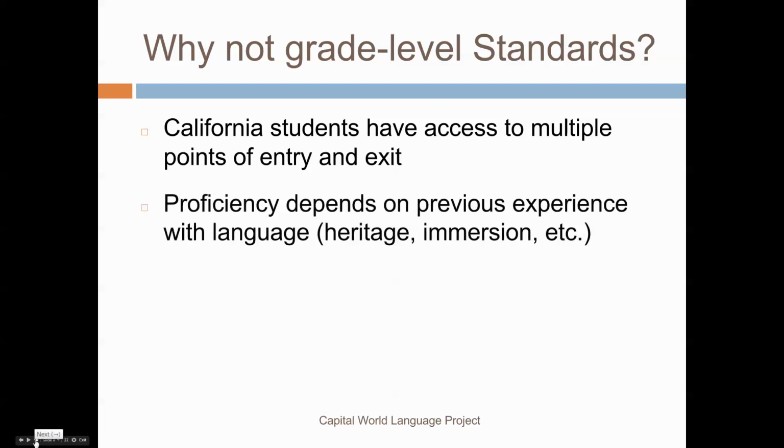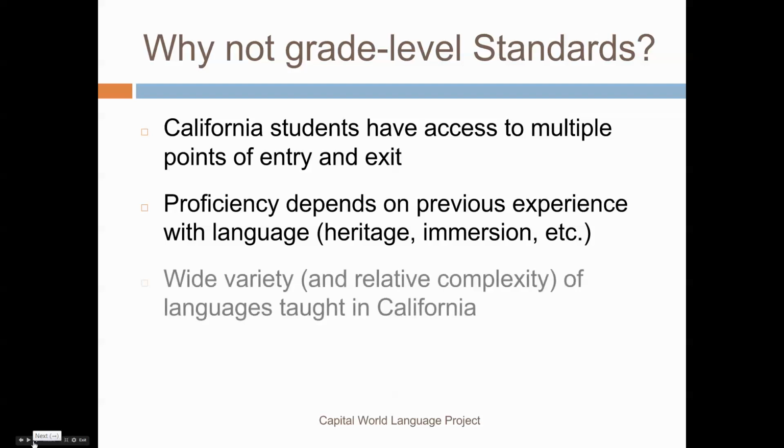Proficiency depends on previous experience with the language. Heritage language, immersion schools, some students have no previous experience. It makes it very difficult for us to clarify and quantify exactly what a student should know at the end of a given grade when not all students come into the grade with the same background in the language. So we cannot have grade level standards in California.